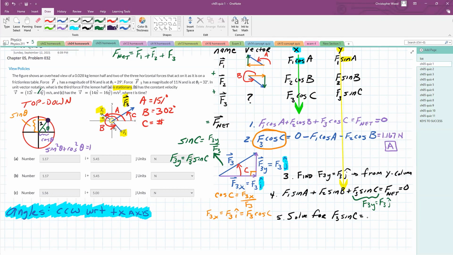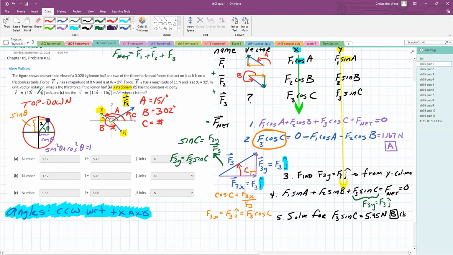F1 angle A, F2 angle B, and we're done. Store alpha B. I get 5.45 newtons. Put that in memory location B.